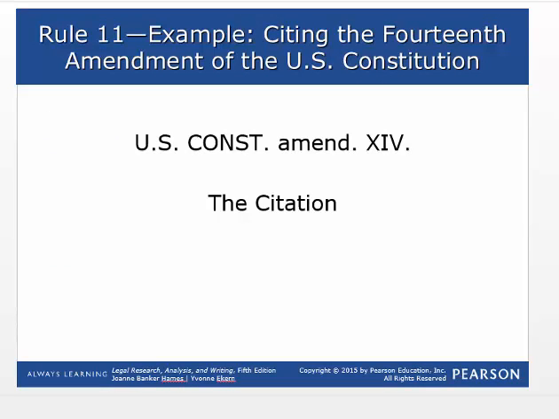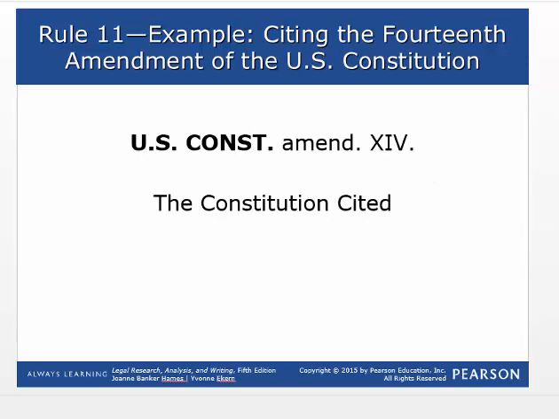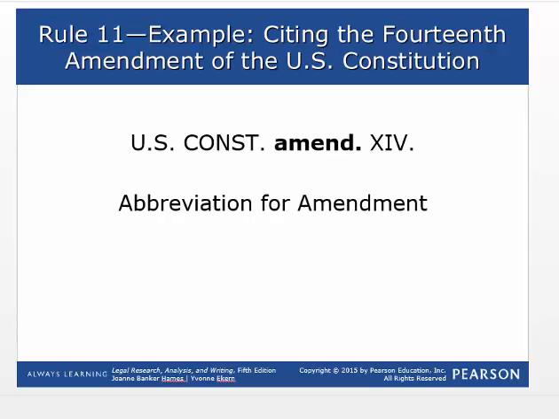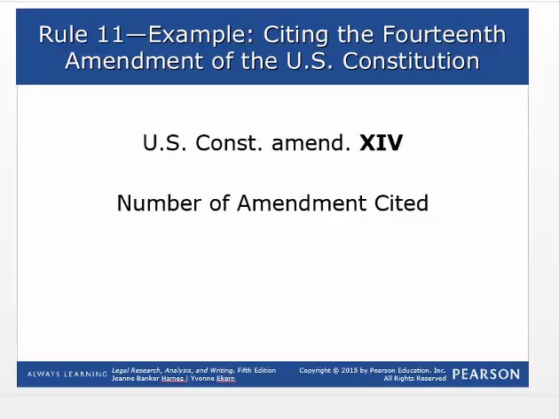For example, you're searching for the 14th Amendment. I think most of us today are simply going to say 14th Amendment. But of course you could put this, which is the citation of the 14th Amendment, and that is how you would cite it. This is an abbreviated citation for the 14th Amendment, and that's the number of the 14th Amendment.